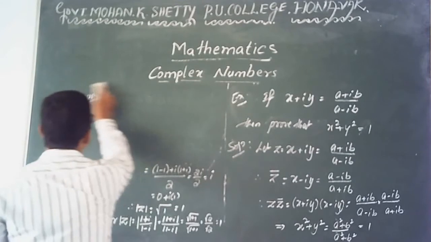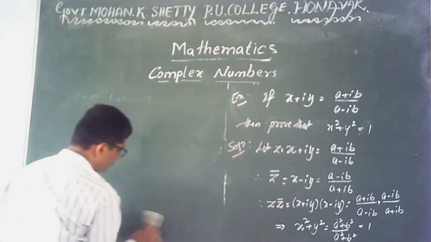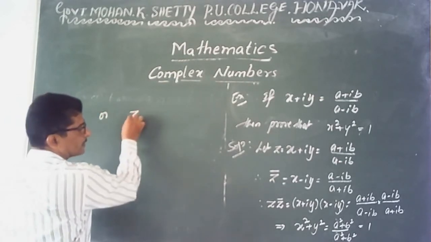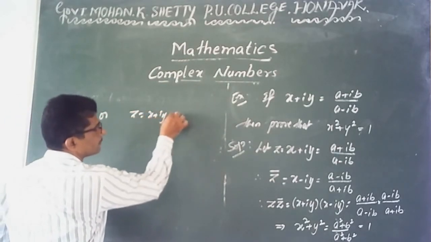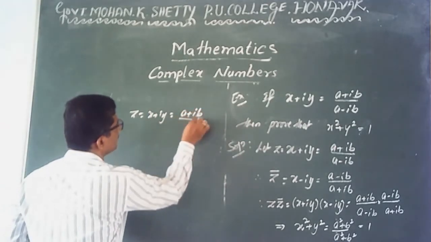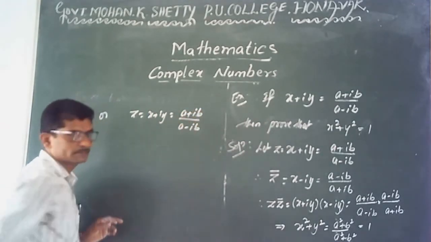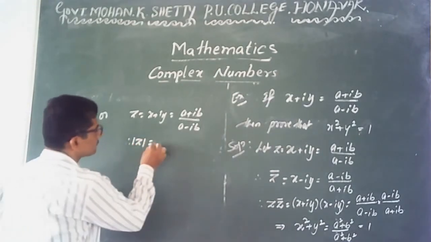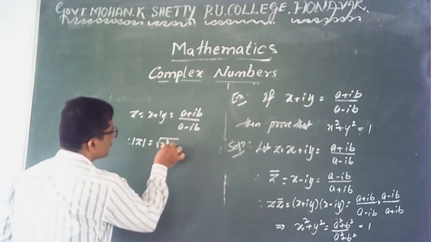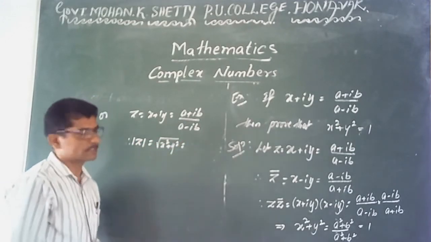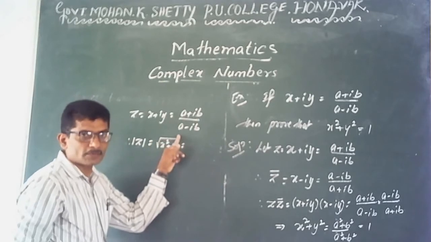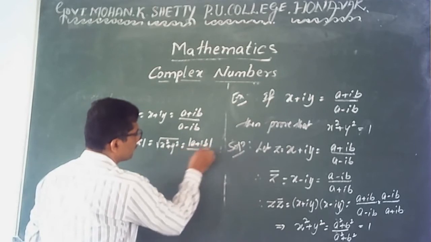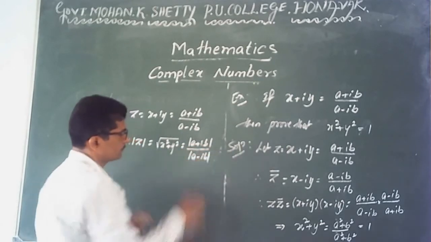Suppose, using the modulus, the same question, we prove using the modulus. Here also, z is equal to x plus iy, its value is a plus ib divided by a minus ib. Therefore, mod of z is equal to, what is the modulus of z? Root of x square plus y square. Its value is the modulus of the quotient equal to the quotient of their moduli. You know that modulus of a plus ib divided by modulus of a minus ib.